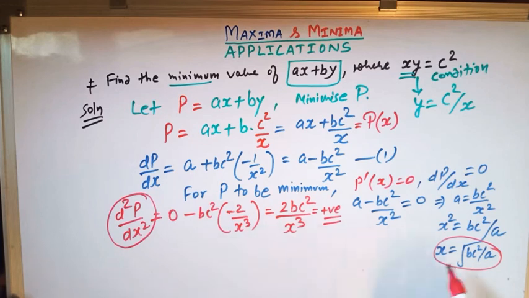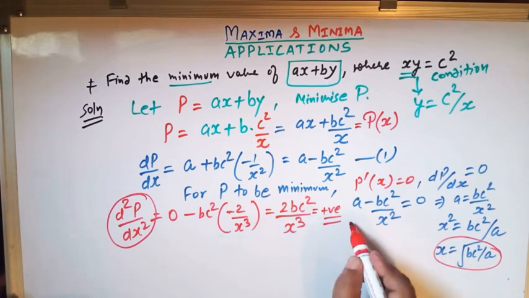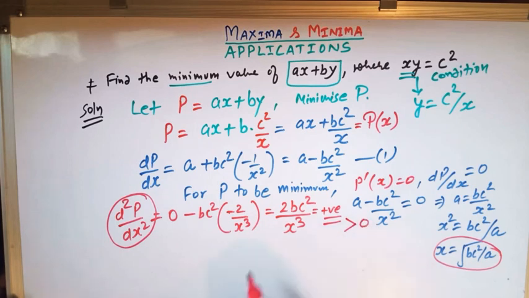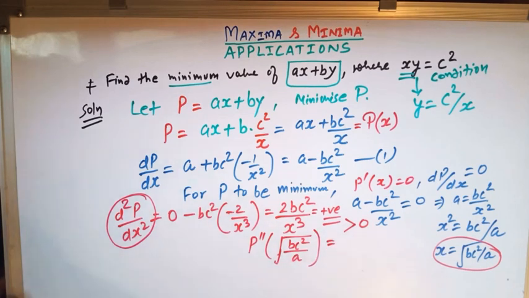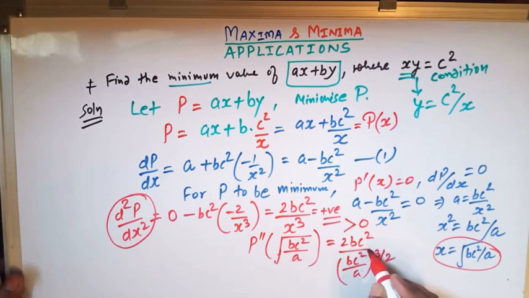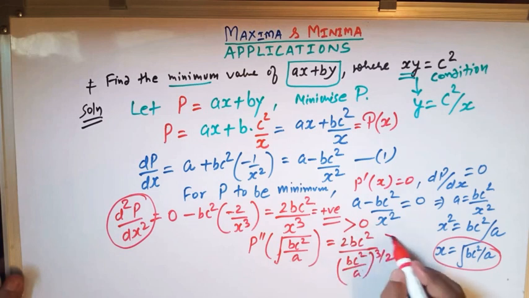So we can say that this is greater than 0, or we can write the value of the second derivative at this point, that is square root of bc square over a, as 2bc square divided by x, so we have bc square over a raised to 3 by 2, and obviously this quantity is greater than 0.